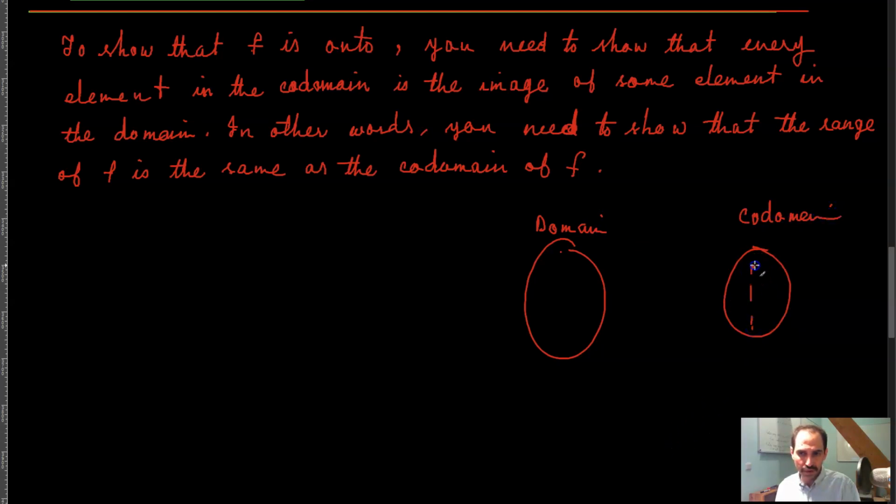You need to show that for every element in the codomain, there is some element in the domain which is the preimage of that element in the codomain, meaning that there exist no elements in the codomain that are not an image of some element in the domain, right?